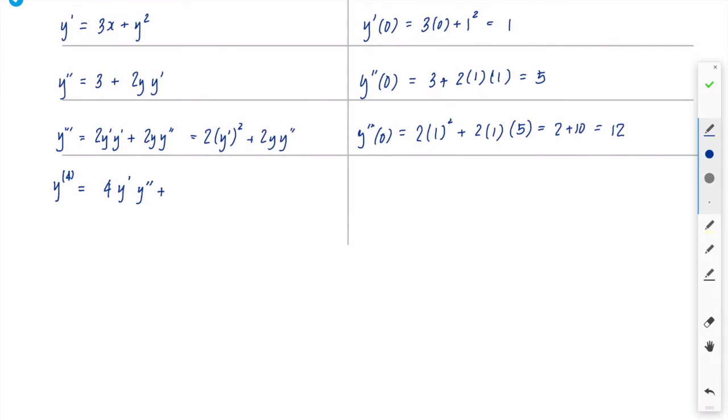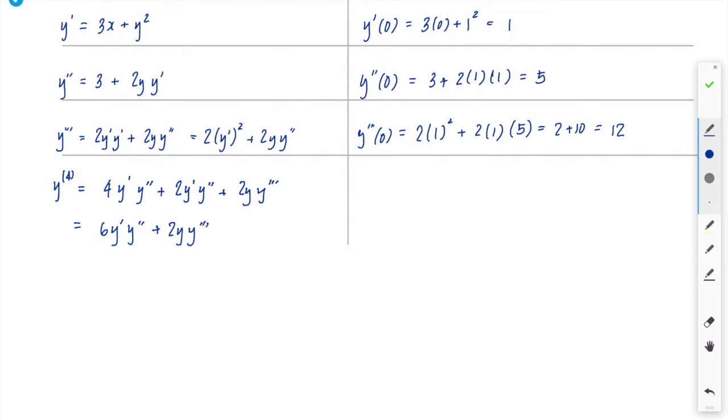So the first thing is 2y becomes 2 times y prime, stick back that y double prime, plus 2y stays the same, and the derivative of y double prime is y triple prime. Simplify this. The first two terms are like terms. 6y prime times y double prime plus 2y y triple prime.